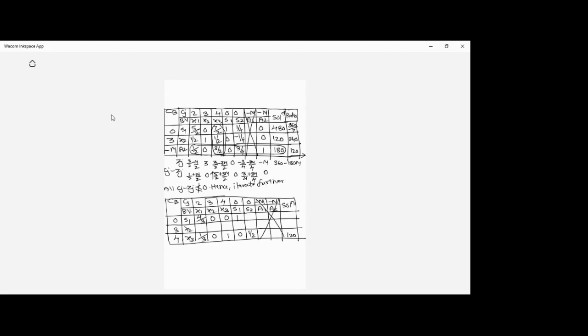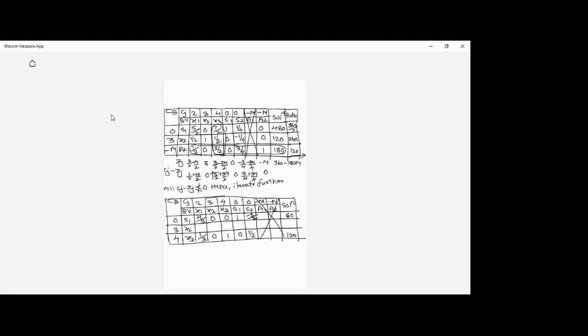So the answer here will be minus 3 by 2. For the solution value, it will be 480 minus 180 into 7 by 2 divided by 3 by 2. If you do the calculation, the value will come out to be 60, right?